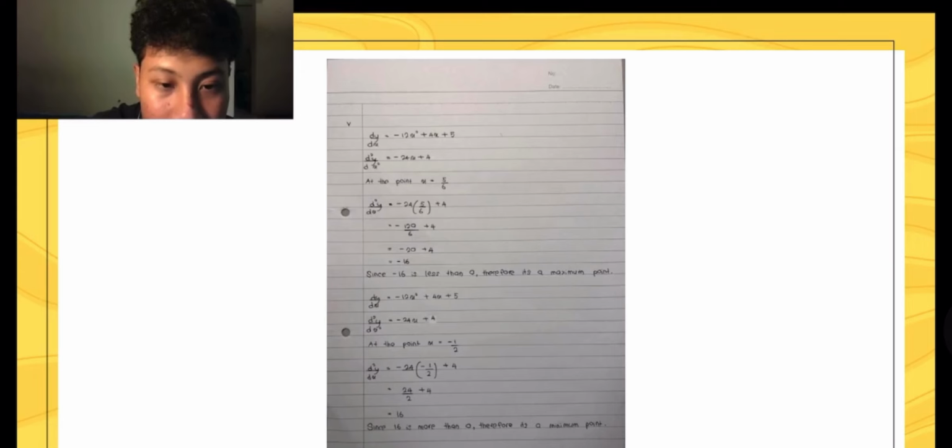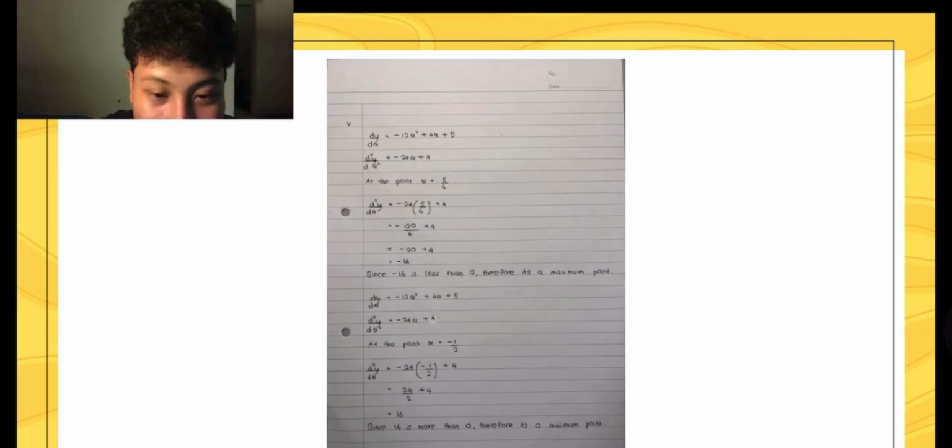So dy/dx equals -12x^2 + 4x + 5. So we multiply by the power of 2 and we get -24x + 4.